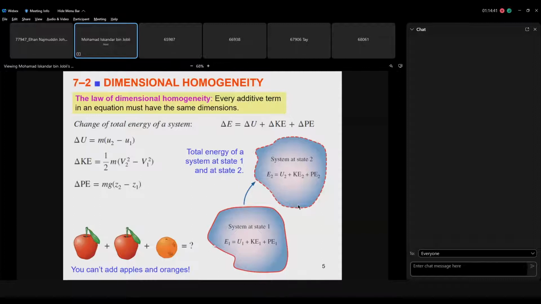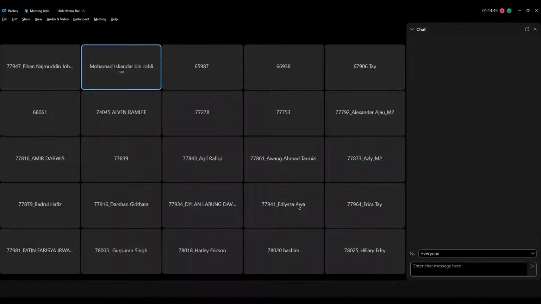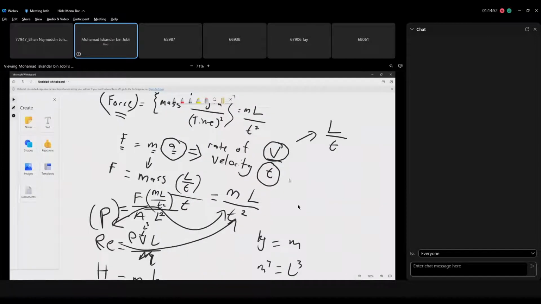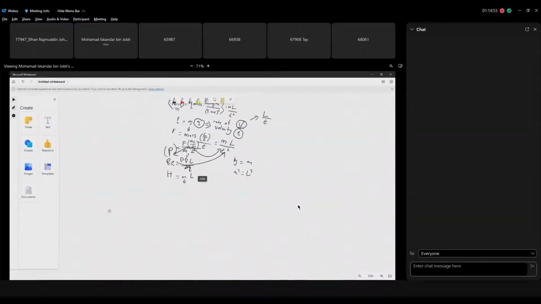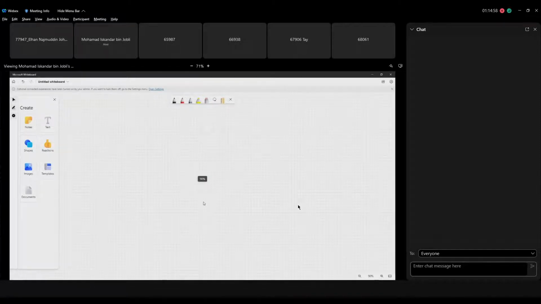Okay, I'll give you an example. Again, with respect to E equals to change of U plus the rate of kinetic energy.